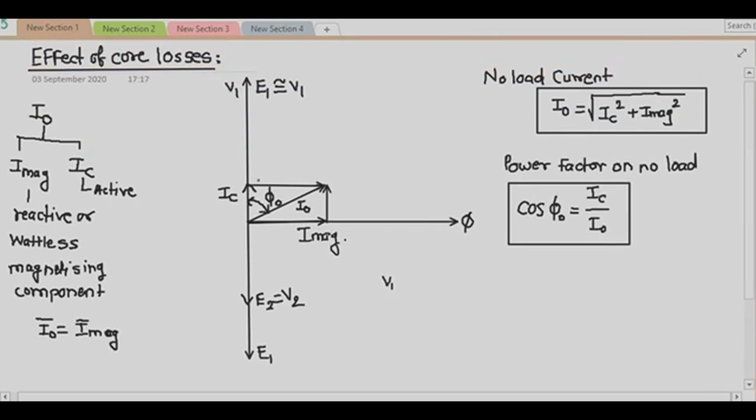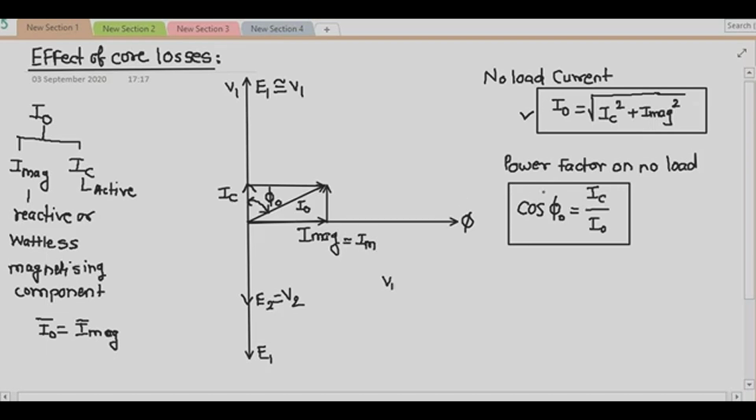Here I have taken the vector sum of IC and I magnetizing, so that I will get the no load current I0. So from this triangle, as this is your phi 0, I can write I0 is equal to under root of IC square plus I magnetizing square, right? Or for simplicity, this I magnetizing you can write down as IM.